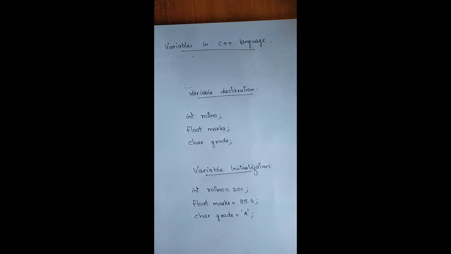The third one: after the first character, it may be a combination of alphabets and digits. The fourth point: blank spaces are not allowed in a variable name. And the fifth point: a variable name should not be a keyword.